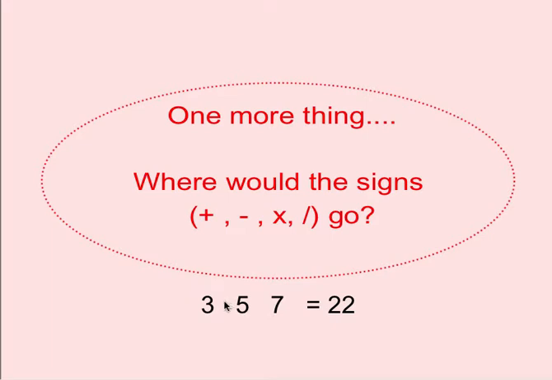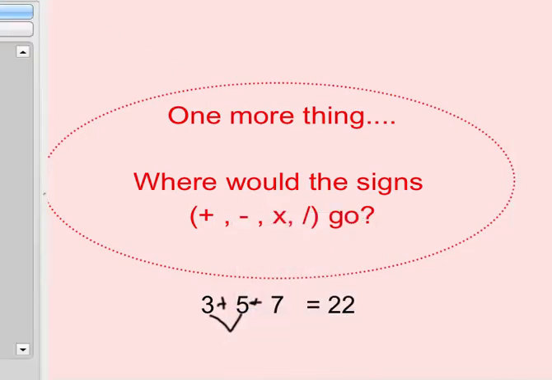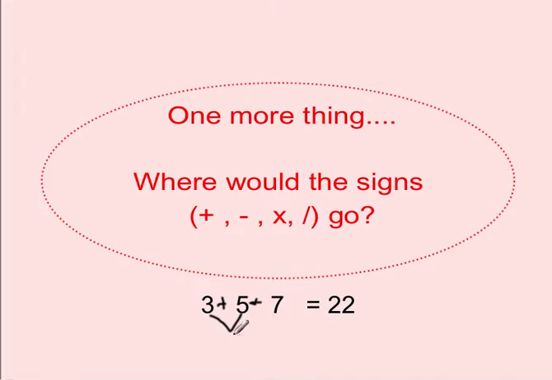I might think, well, let's try 3 plus 5 plus 7, and where does that get me? Well, 3 plus 5, and when I do these, I always usually jot myself a note below. I'll do 3 plus 5, which is 8. Whoops, sorry, my board's kind of crazy today.